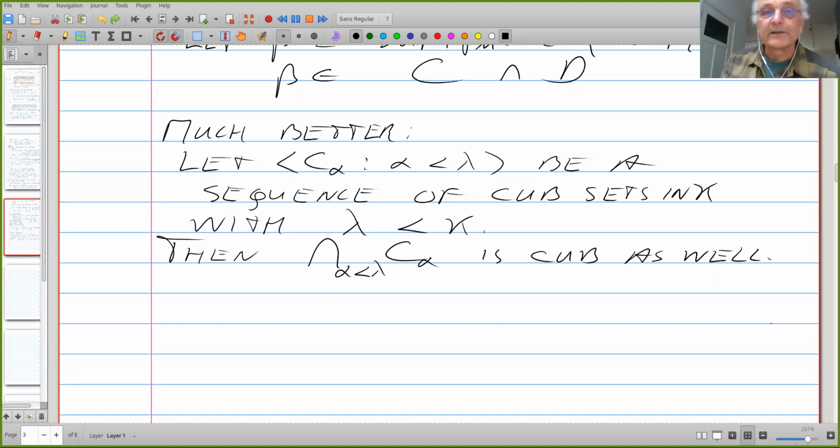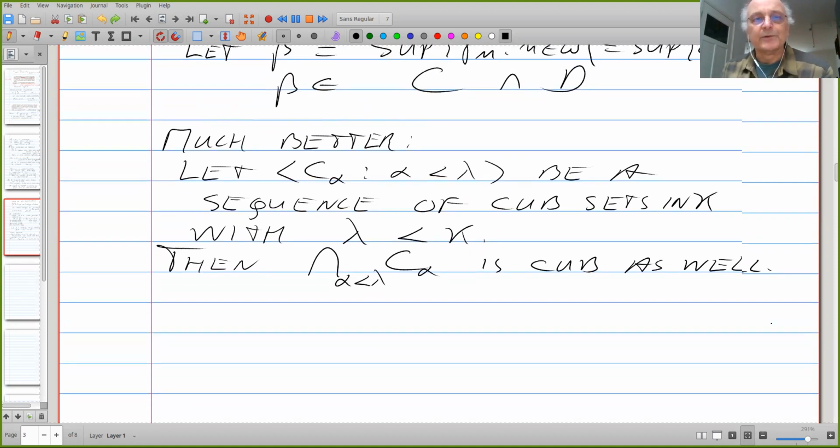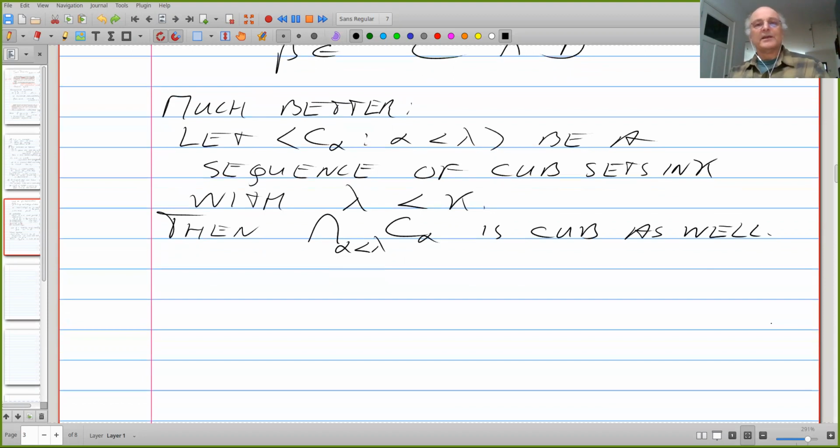Take your favorite uncountable regular cardinal, take fewer than that many closed unbounded sets, the intersection is closed unbounded. That's a very strong property, very useful in very many circumstances. And I'll try to mention some examples of that later on.